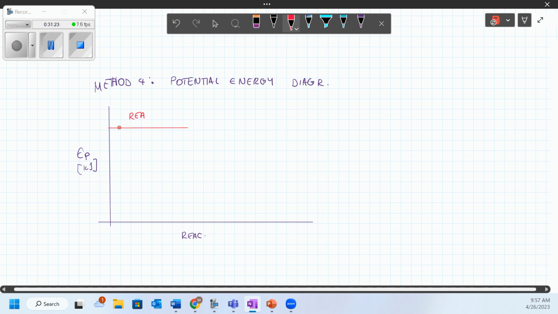Here are the reactants, and then it is dropped to a certain point, and here we have products. This change is whatever the change of enthalpy is for the reaction.